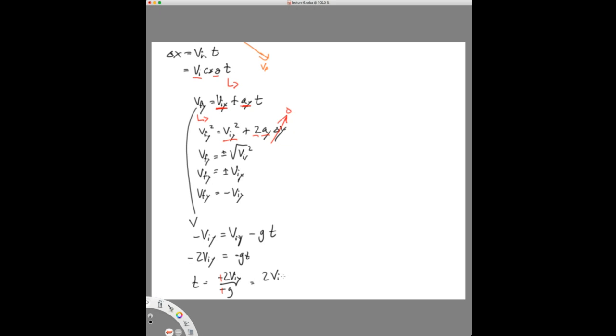And instead of VIY, I'll put VI sine of theta over G.